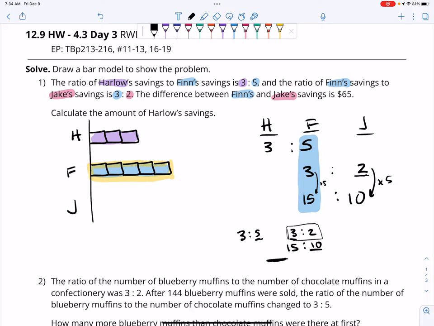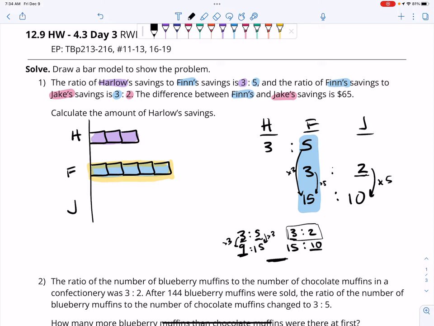Now that step is really helpful because now I can look at the Harlow to Finn ratio, and I know that 5 times 3 is 15. And so here, when I'm looking at this 3 to 5 ratio, I need to figure out what do I have to do to this 3 to make a 3 to 5 ratio equivalent to a something to 15. Because that was times 3, I also need to do that times 3.